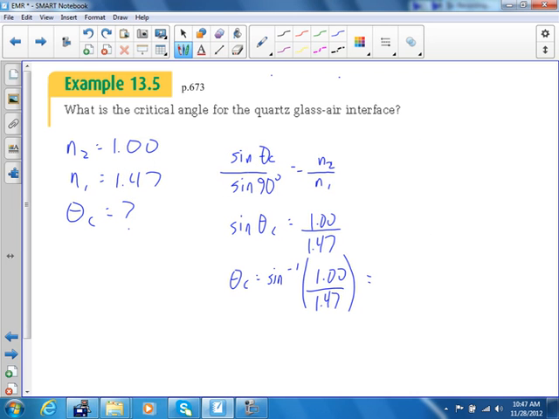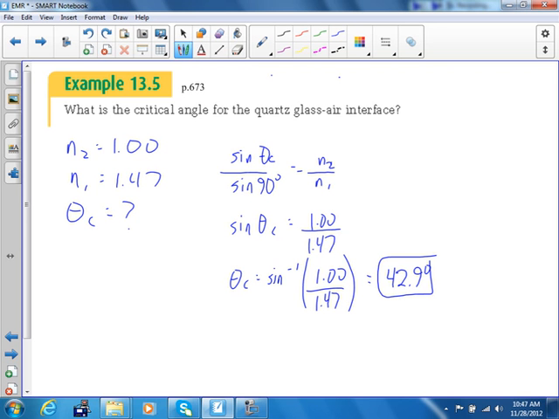What do we get for that theta c? We're going to round that to 3 digits, 42.9 degrees. Anything above 42.9, what happens? Reflection. Anything below 42.9, what happens? Refraction.